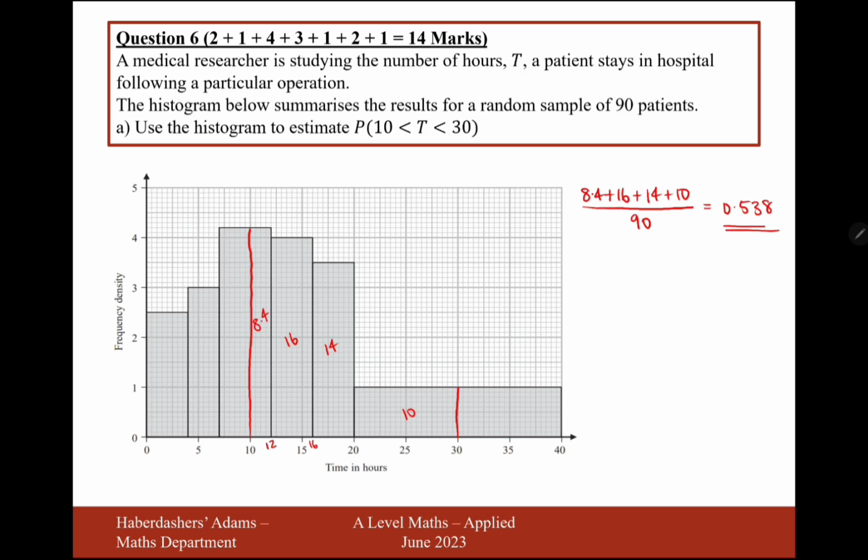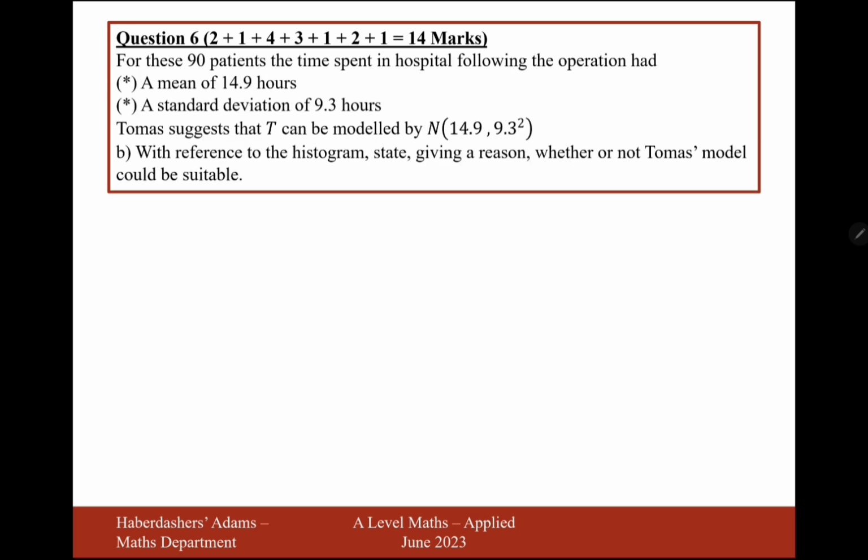So if we look back at the histogram, we can see that the data, if we were to draw a line through it, is skewed to one side, and the normal distribution is symmetric.